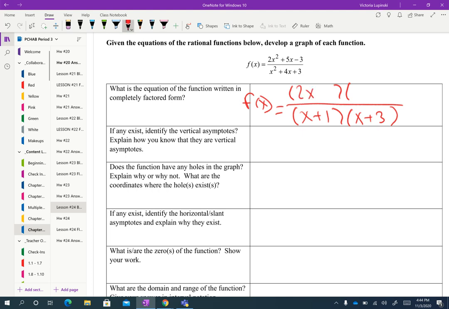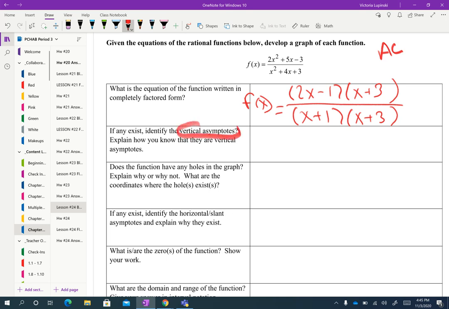Then on the top, I know I'm going to have a 2x and an x. If they're going to multiply to be 3, then I know I'm going to need a 1 and a 3. And if I look at my signs, I'm looking at 2x minus 1, x plus 3, and then x plus 1, x plus 3 on the bottom. And again, if it takes you longer to factor, either using the AC method or any method, as long as you can ultimately factor, that's the goal.